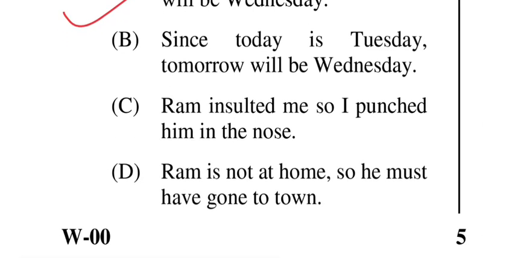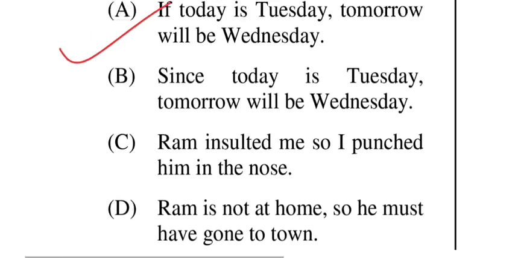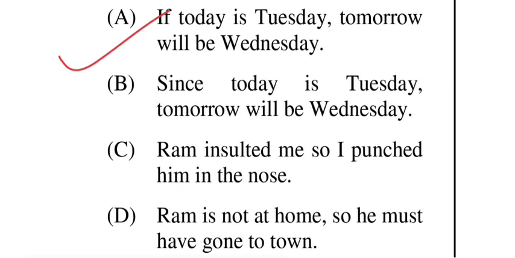Since today is Tuesday, tomorrow will be Wednesday, is an argument. Ram insulted me, so I punched him in the nose, is also an argument. Ram is not at home, so he must have gone to town, is also an argument. But if you say that if today is Saturday, tomorrow will be Sunday, then that is not an argument. That's just a general sentence.